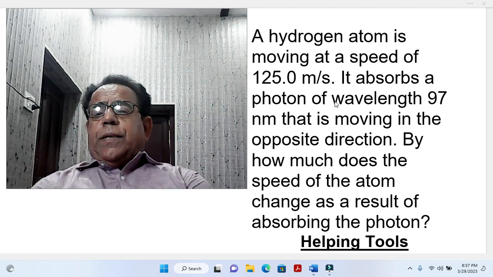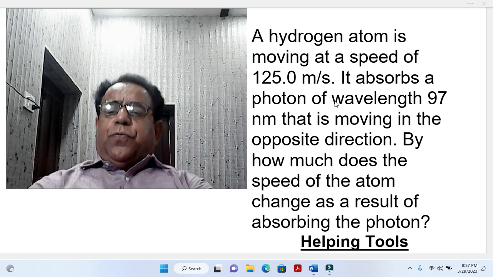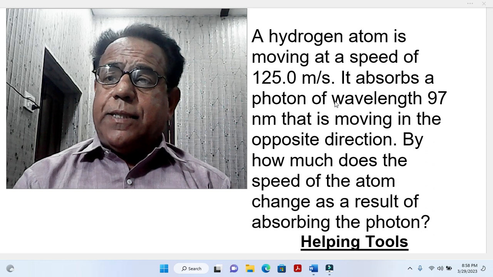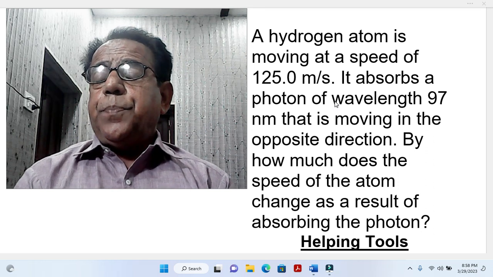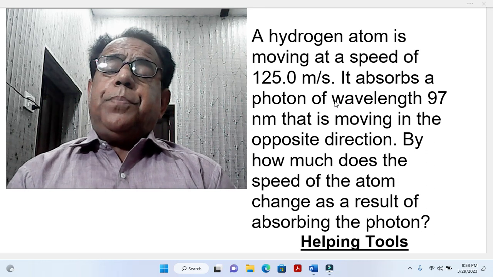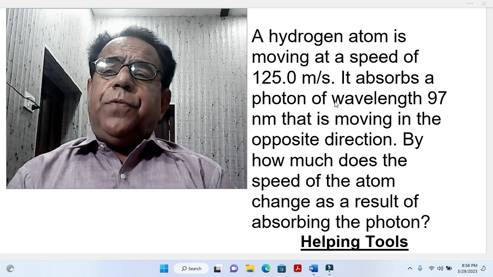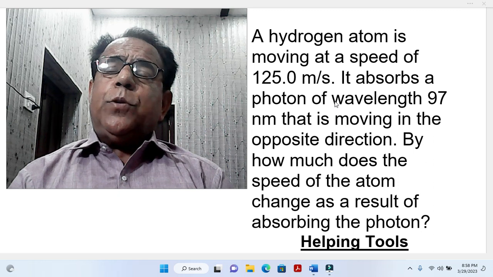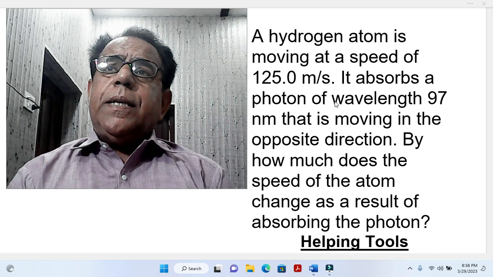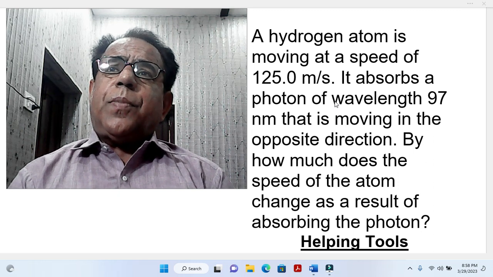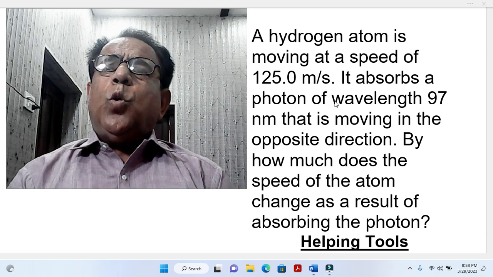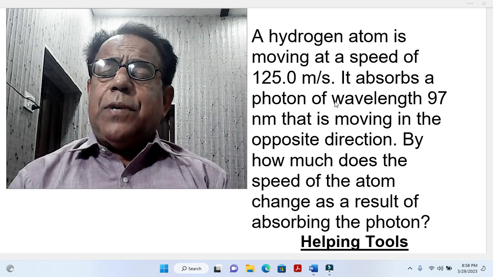Okay, dear students, here a photon and a hydrogen atom are under consideration. For this purpose we will include a helping tool in which mass number and atomic mass unit of various elements are given.